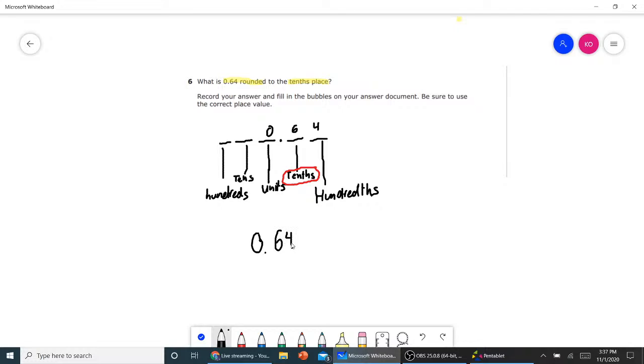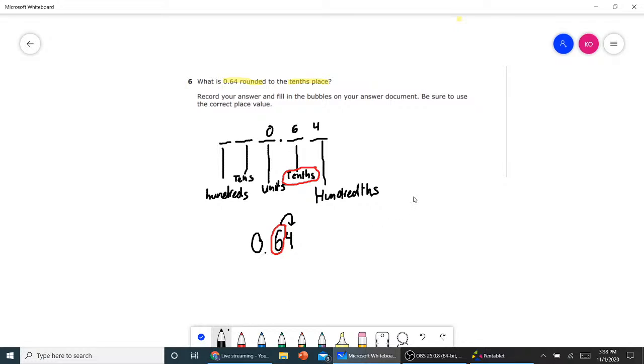And how you round a number to a place. In this case, how you round a number to the 10th place, you first look at the number in the 10th place, which is 0.6 right here, and you look at the next number, 4. There's an old nursery rhyme saying, 5 or more, let it soar, 4 or less, let it rest.